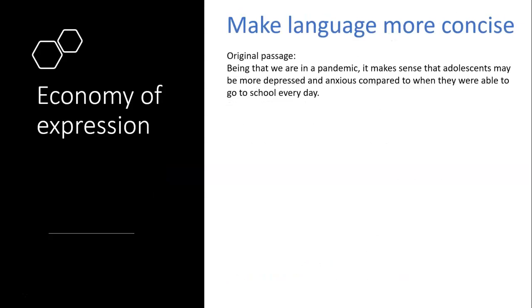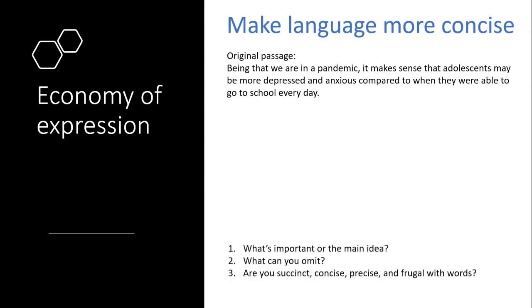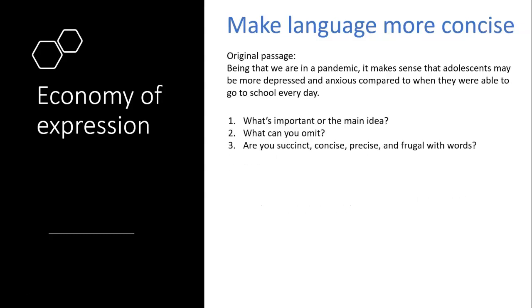So another way to think of that is how to make language more concise in general. So that was an example where we could omit specific words and clauses. So now I want you to think about, well, how do I think about a particular sentence and making that more concise? So I'll give you a second to read this original passage, and then I want you to think about the same question. What's the important or main idea?